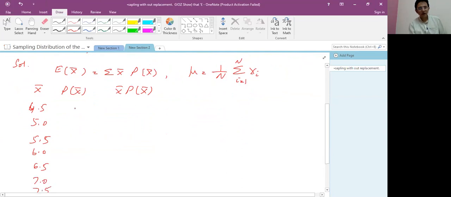Now what is p of x bar? It is 1 upon 10, 1 upon 10, 2 upon 10, 2 upon 10, 2 upon 10, 1 over 10, and 1 over 10.